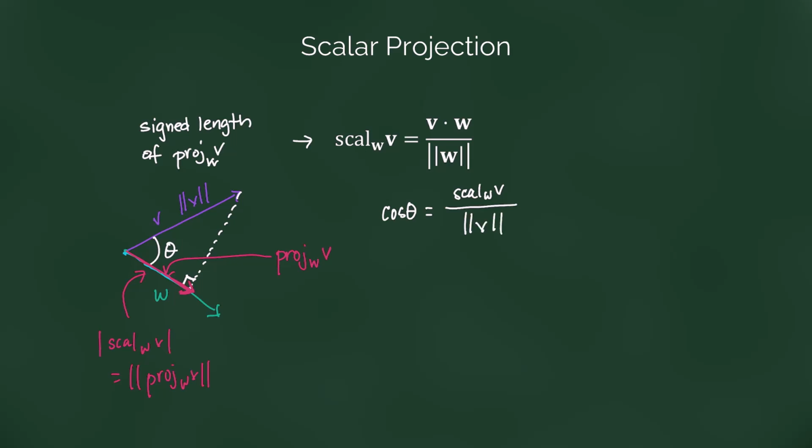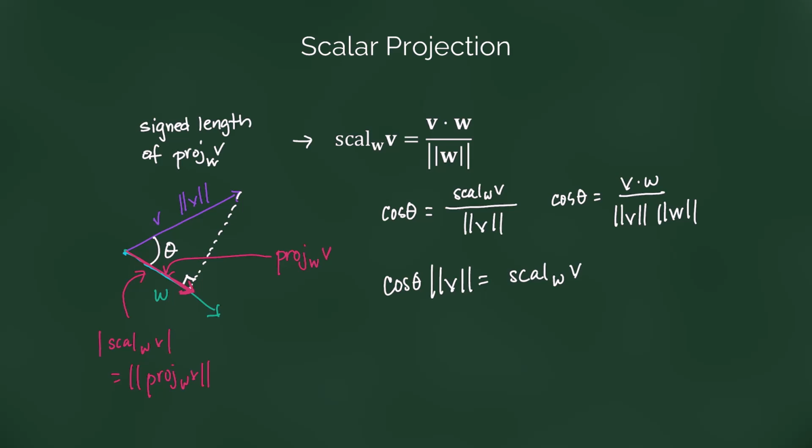But we know from dot products that the cosine of theta is also equal to v dot w divided by the magnitude of v times the magnitude of w. So if we rearrange this, we get that the cosine of theta times the magnitude of v is equal to the scalar projection of v onto w.